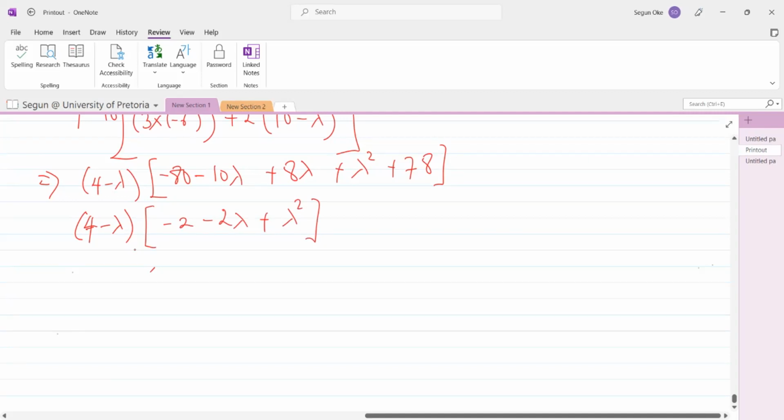So at the end of the day, I have minus lambda cube, plus 6 lambda squared, minus 6 lambda, minus 8. If you open it very well.